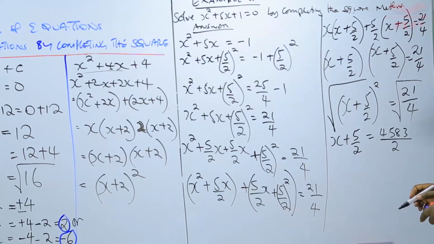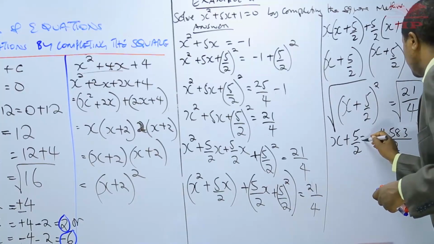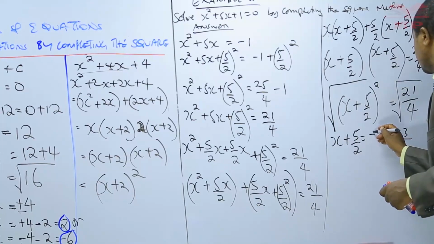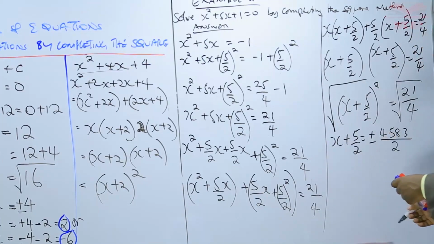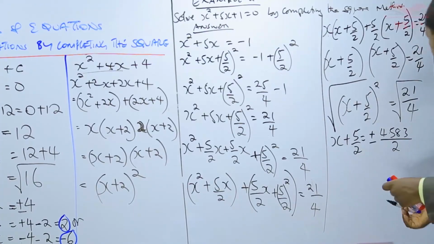Then x plus 5 over 2 should be equal to plus or minus 4.583 over 2.